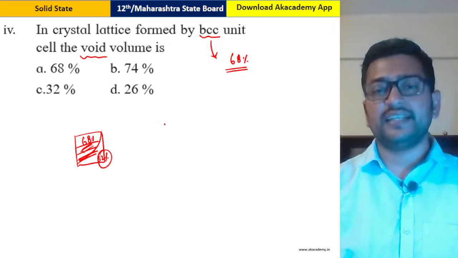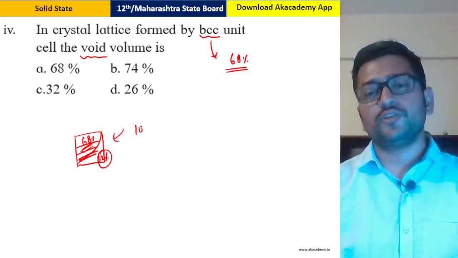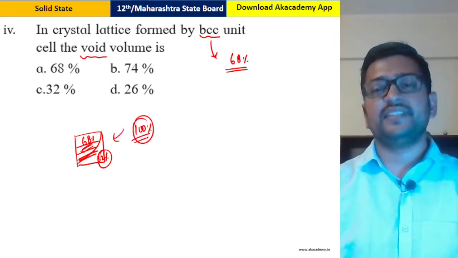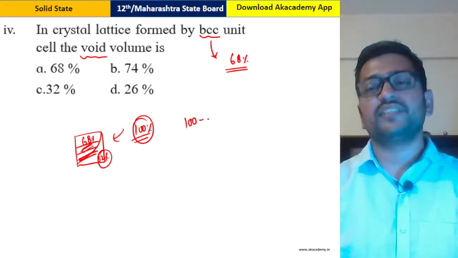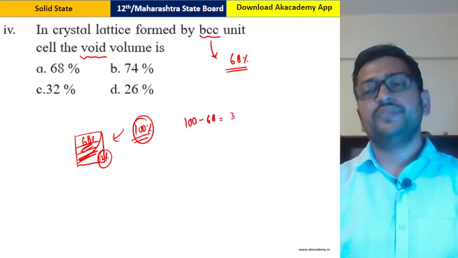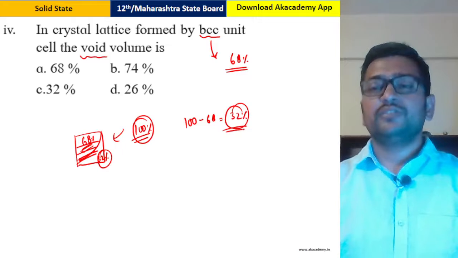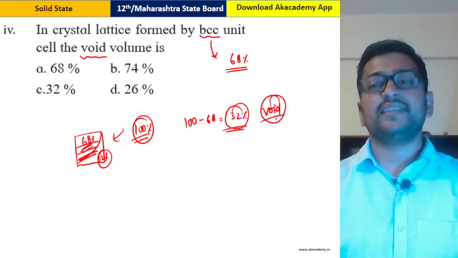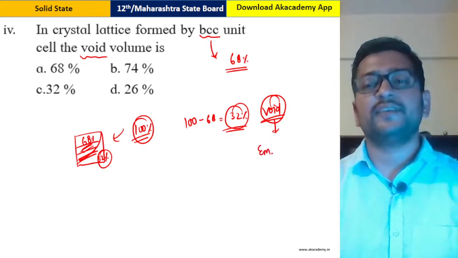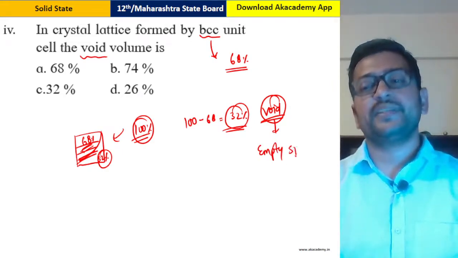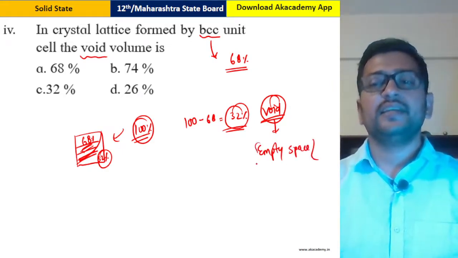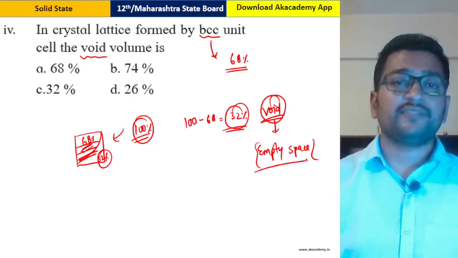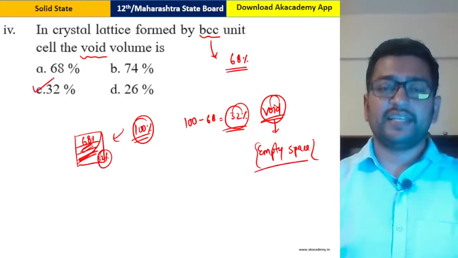Simple calculation, because overall it is going to be 100%. If 68% is occupied, we can subtract 68 from it and we will get 32% only. So 32% is void. What is void? Void is nothing but empty space. I hope this is clear to you. Now let's move ahead. So C is going to be your correct answer.